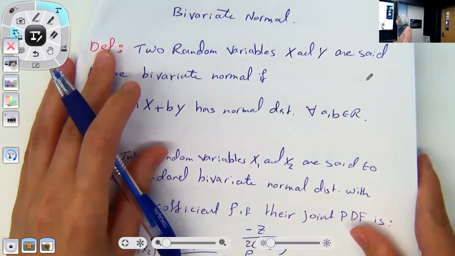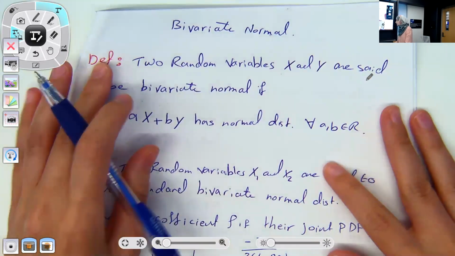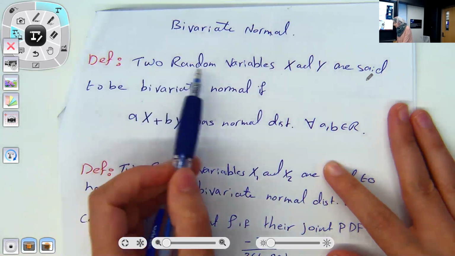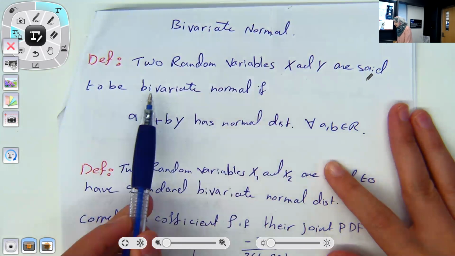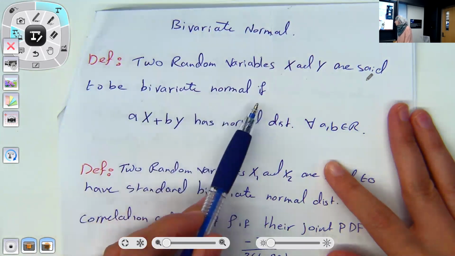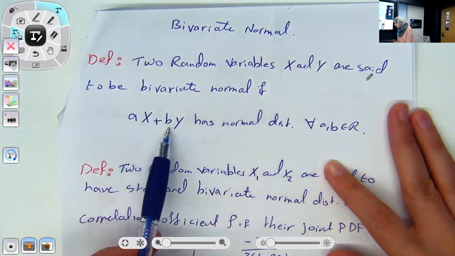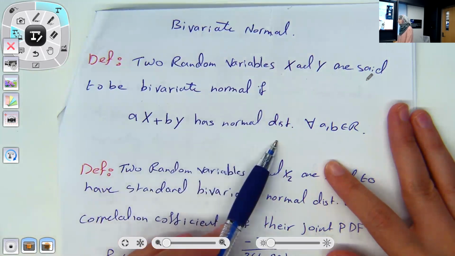The definition of bivariate normal: if we have two random variables, x and y, we said that they have a bivariate normal distribution if a linear combination is also a normal distribution.